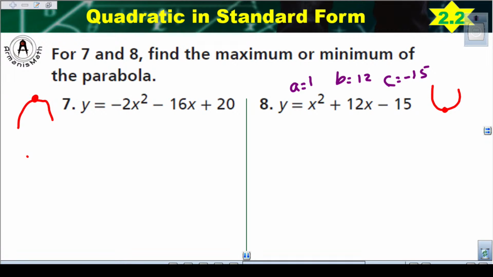Kathleen, can you help me, Kathleen, with ABC for number 7? Here we go. Kathleen is showing up. A is -2. She is correct. A equals -2. B equals -16. And C equals 20. All right.